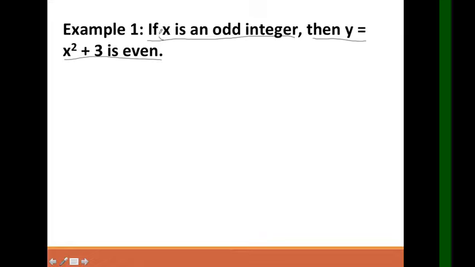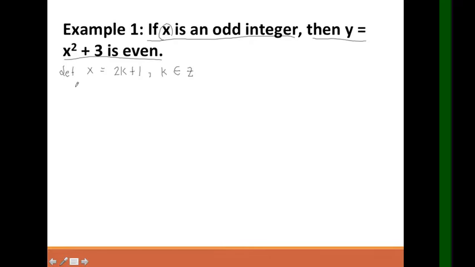Okay, so let x be an odd integer. Let x equal 2k plus 1, which is an odd integer, such that k is an element of Z. Z represents the integers, okay? And k is an integer, and 2k plus 1 is an odd integer that represents the value of x.